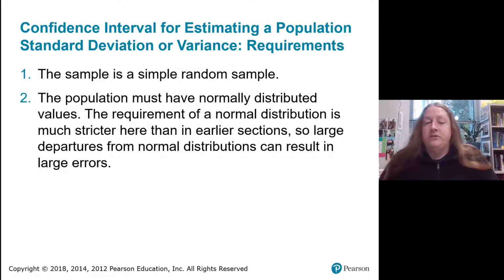So large departures from normal distributions can result in large errors. Notice we don't have the sample size option here. It has to be normally distributed. If it's not normally distributed, your answer at this point is, sorry, I don't have the tools, I can't do it. It's not normally distributed, the end.